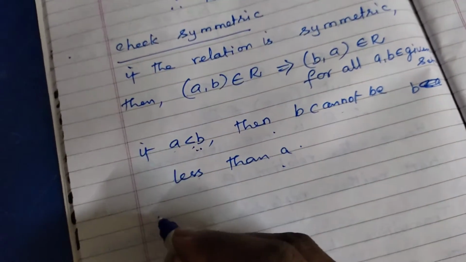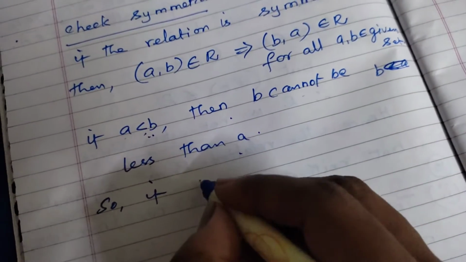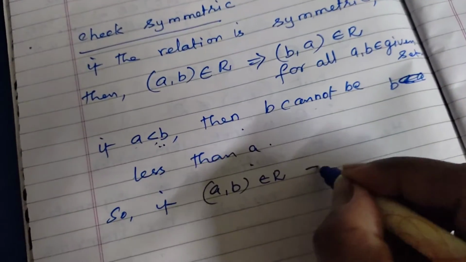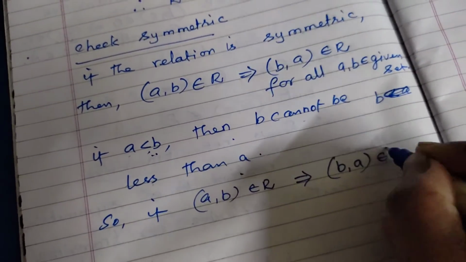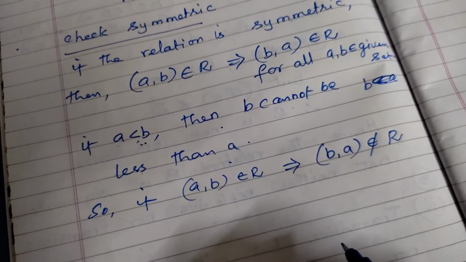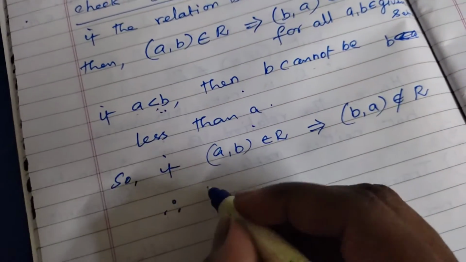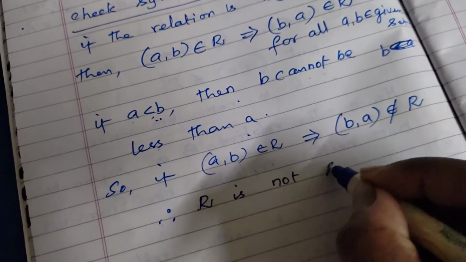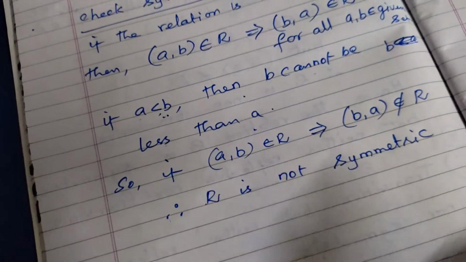Therefore if (a, b) belongs to R, that implies (b, a) does not belong to R. Therefore, R is not symmetric here.